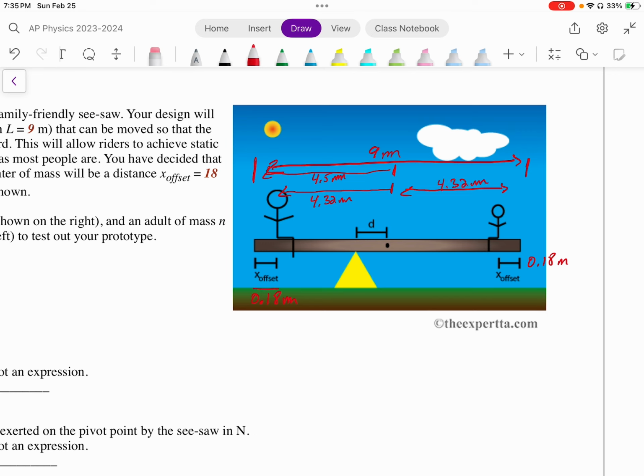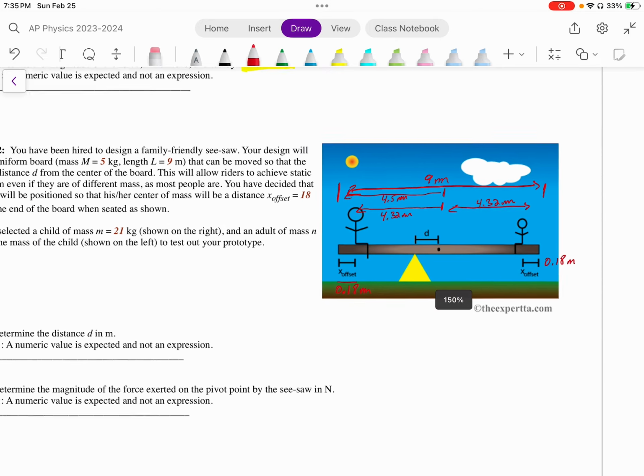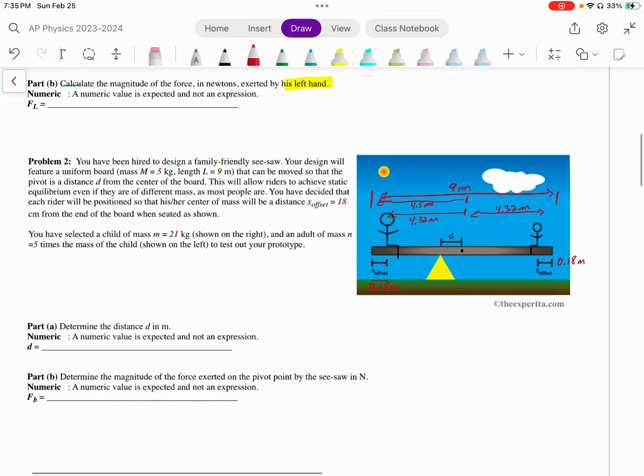I don't know which ones I need yet, but I'm going to label everything that I know. Okay. All right. Now what am I going to do? I have been given the child's mass. I have been given the adult's mass, which is 5 times that of the child. Determine the distance d in meters.